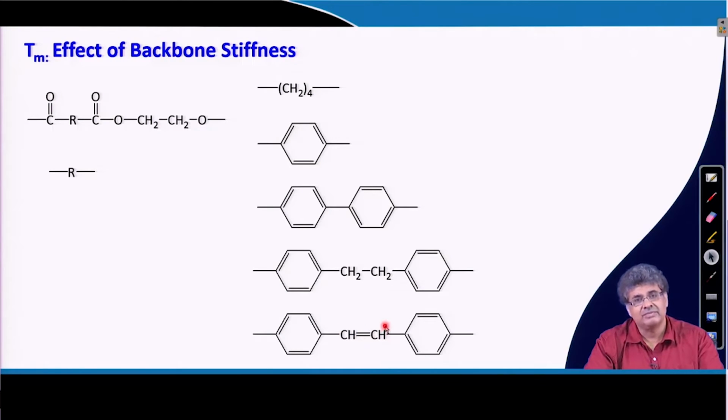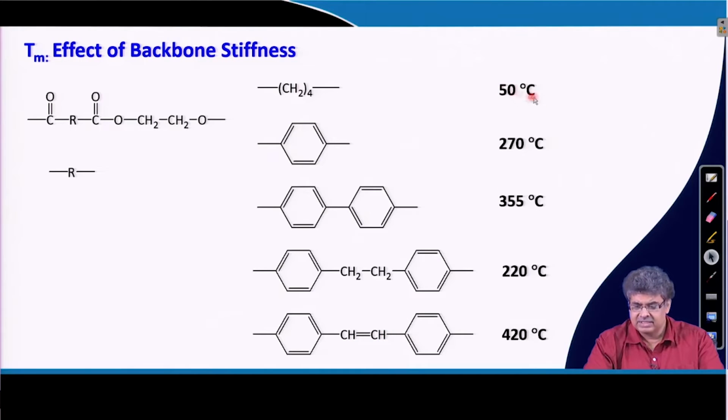So, Tm should even go up in this case. If you look at the numbers, this is 50 degree centigrade, a drastic increase in Tm to 70 degree, a further increase, then a decrease, but there is a huge increase in the value of Tm, because the backbone stiffness increases in these cases, which results in a higher value of Tm.